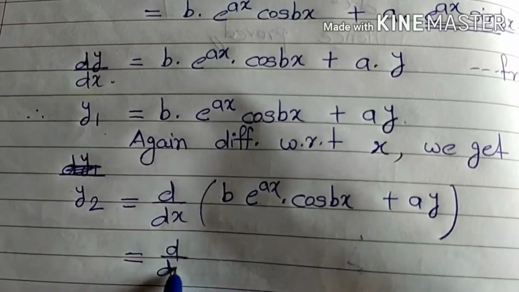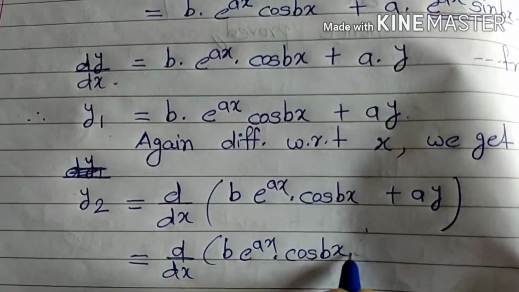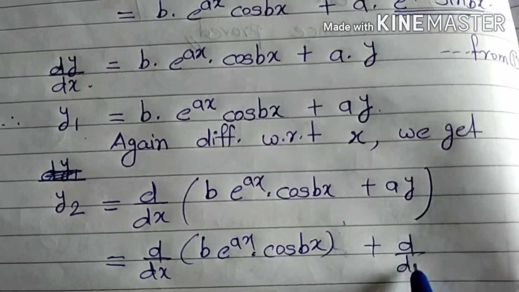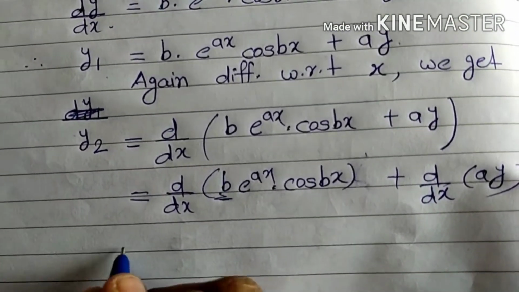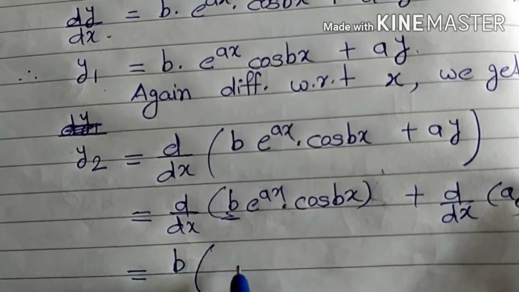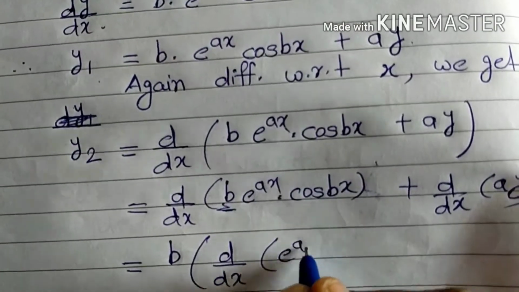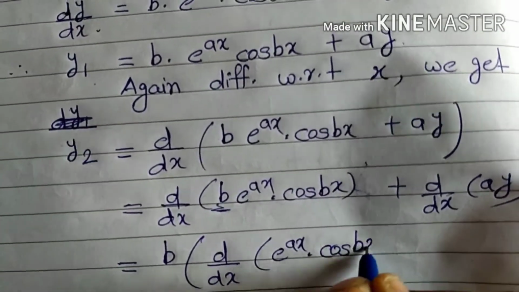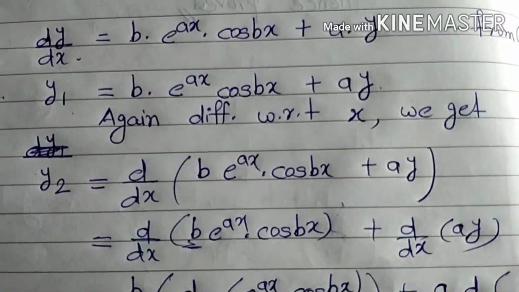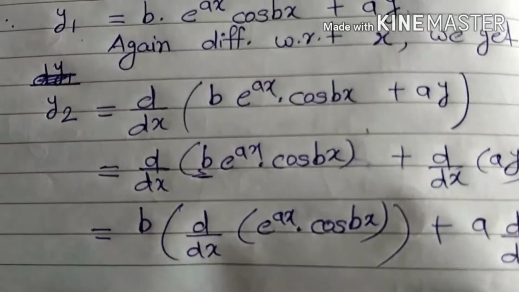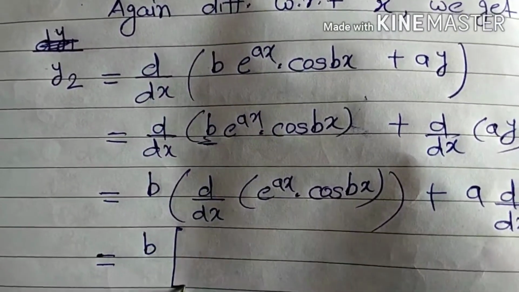So d by dx of b e raised to ax into cos bx plus d by dx of ay. Here b is constant, take it outside of differentiation and use the product rule. Plus a is constant, take it outside, and use here the product rule.